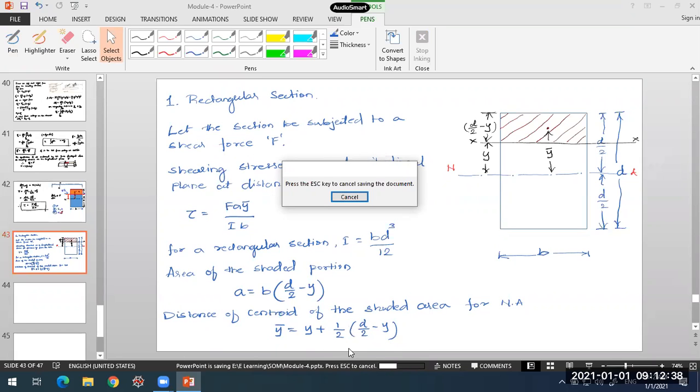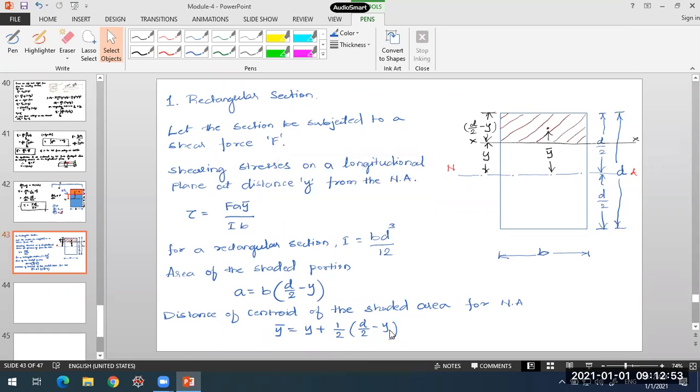Now if you simplify this, it will give you y bar as half of d by 2 plus y. You can just open the brackets, y minus y by 2 becomes y by 2.